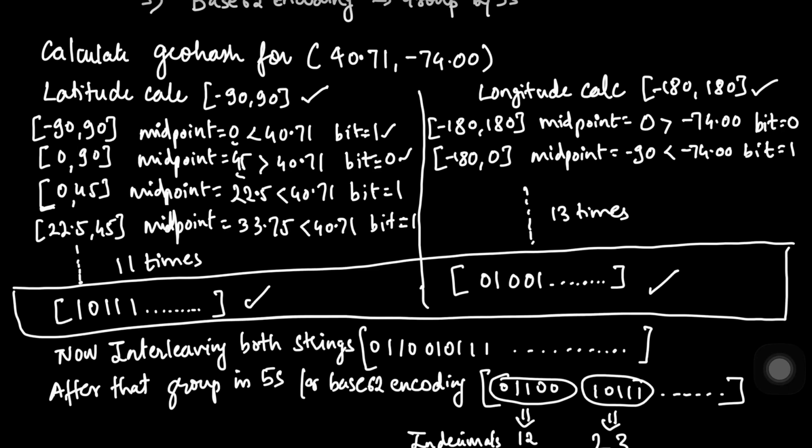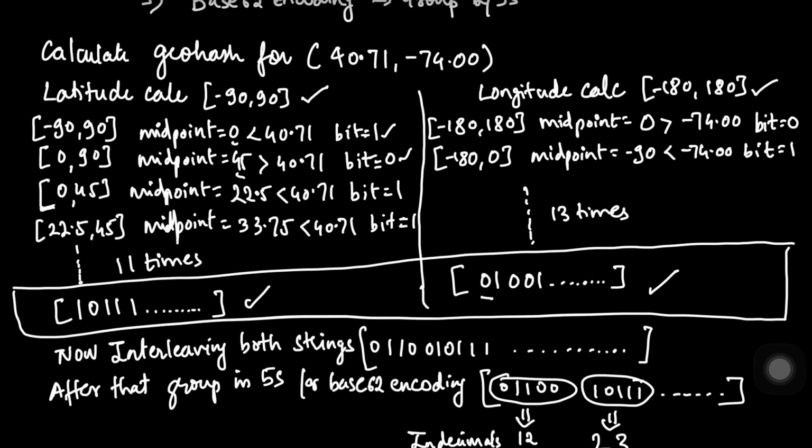Once we are done with the calculation of these bit arrays, we interleave both strings. We can call it array, we can call it strings, whatever we want to. What we mean by interleave is that we take one character of the longitude string and one of the latitude string respectively.